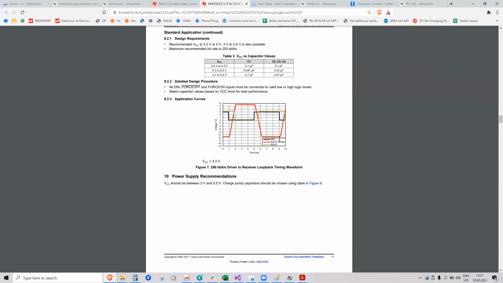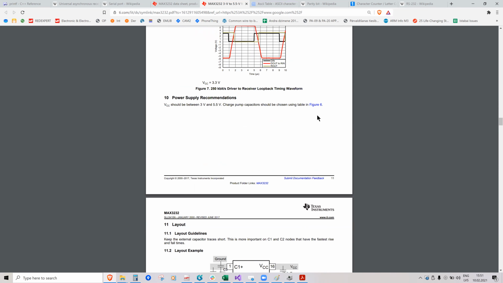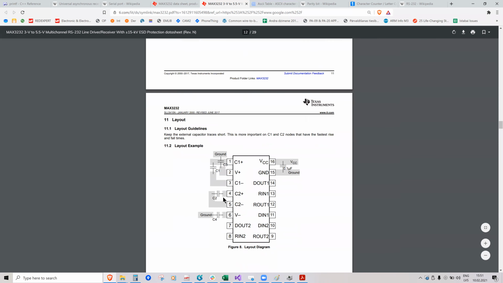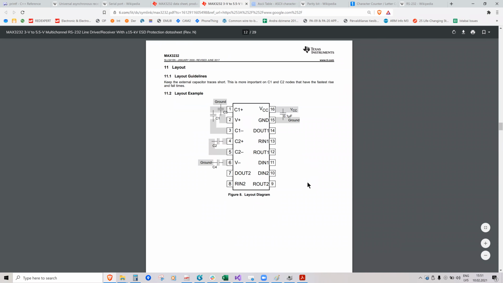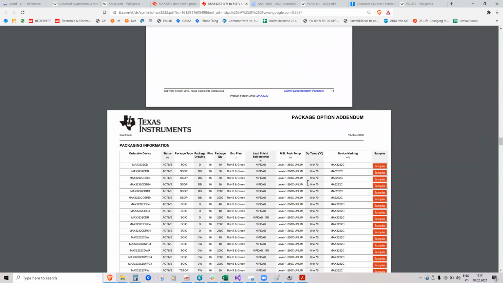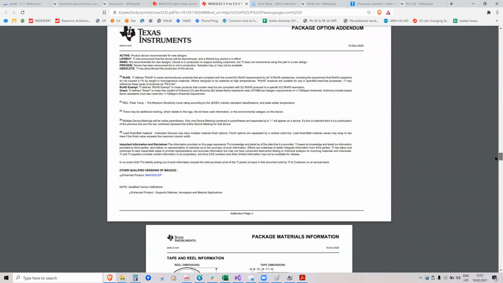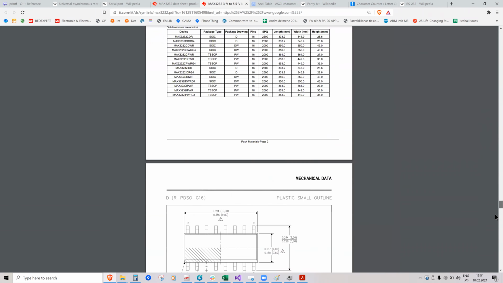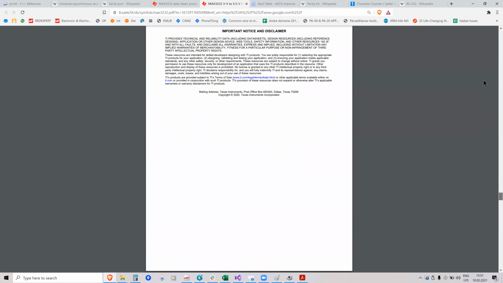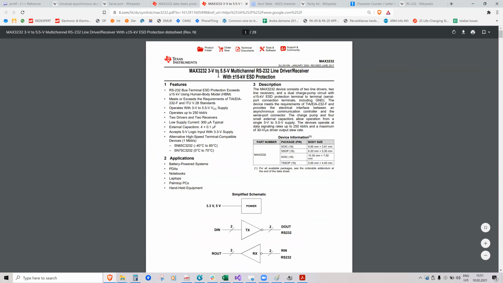And the result is that you get a higher voltage swing, so the signal is more resistant to noises that you might have. This is a very popular chip. Most probably you will use it whenever you connect external equipment to UART.